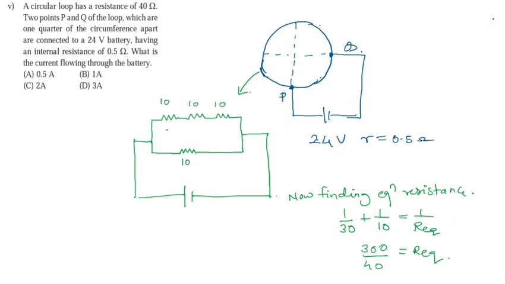So I am dividing this complete wire into 4 parts, each having resistance of 10 ohms. Now P and Q are connected to the battery terminal of 24 volt. So you can say that P to Q is 10 ohms, and it is connected in parallel with the remaining 30 ohms of the wire.